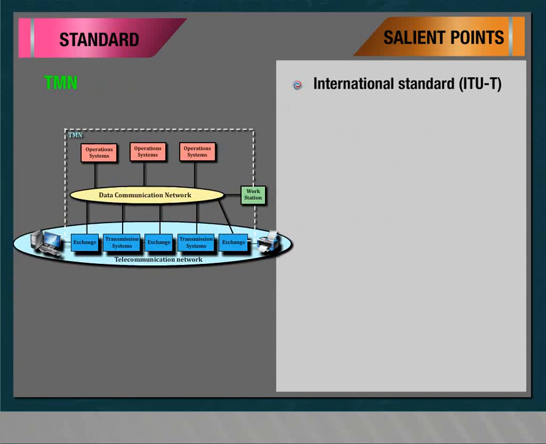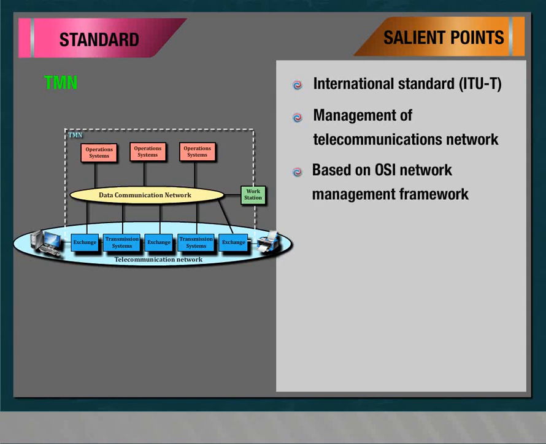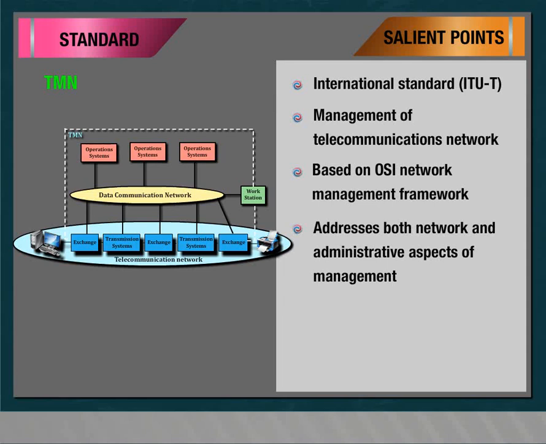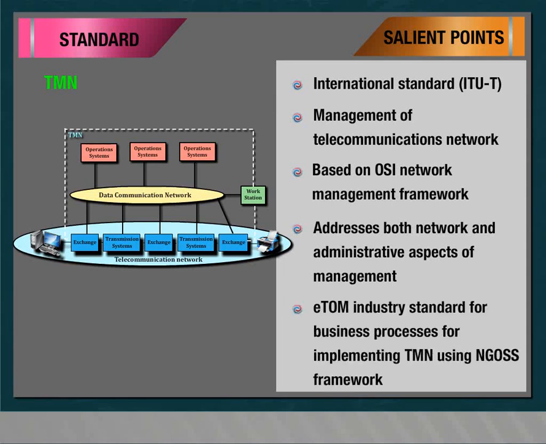TMN: International Standard ITU-T, management of telecommunications network, based on OSI Network Management Framework, addresses both network and administrative aspects of management. eTOM: Industry Standard for business processes for implementing TMN using NGOSS framework.